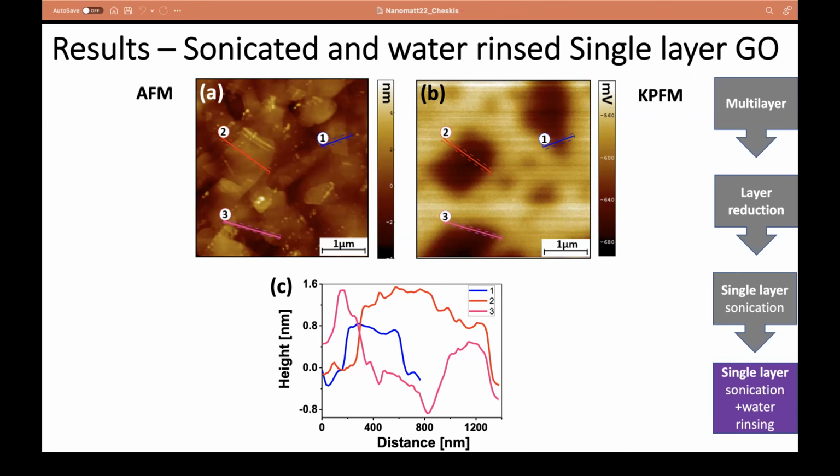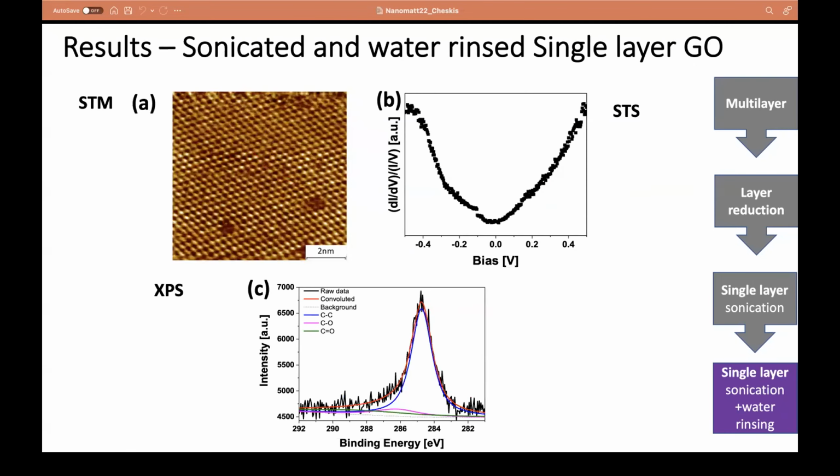And after that, we started to perform STM and STS measurements again, and it was very surprising to us that we achieved almost clean reduced graphene oxide.